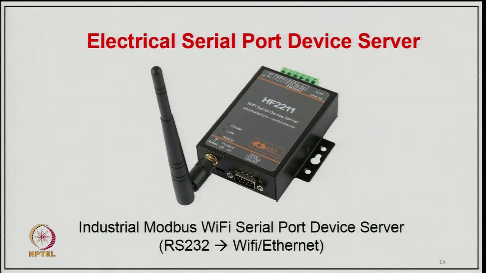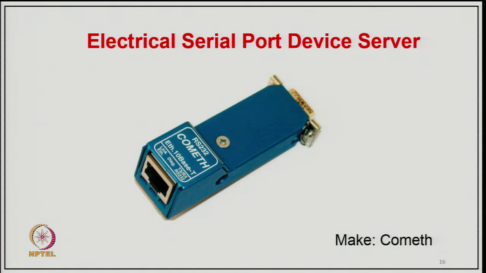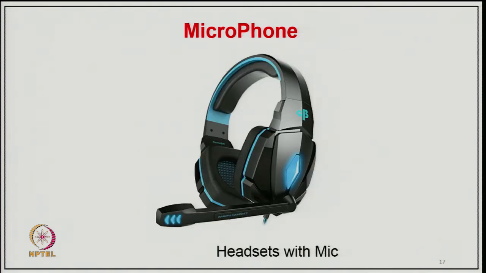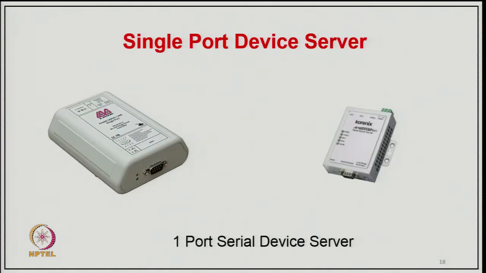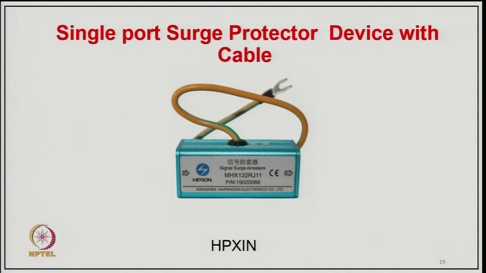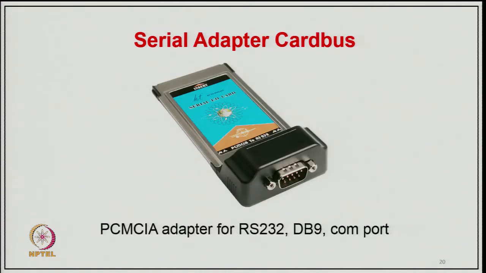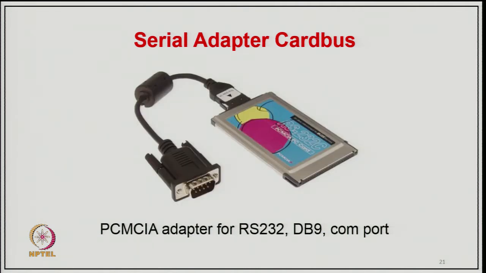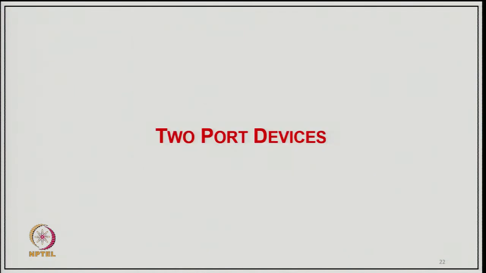Then the industrial Modbus Wi-Fi serial port device server, then typically a microphone, then the one port serial device server, then a single port surge protector device with cable, then the serial adapter Cardbus PCMCIA adapter for RS232 DB9 COM port, then another serial adapter for RS232 COM port.